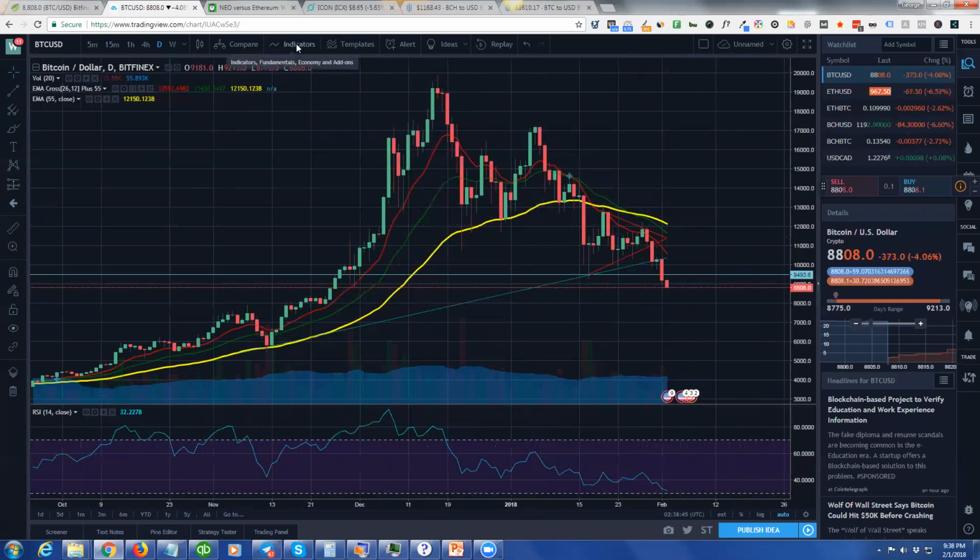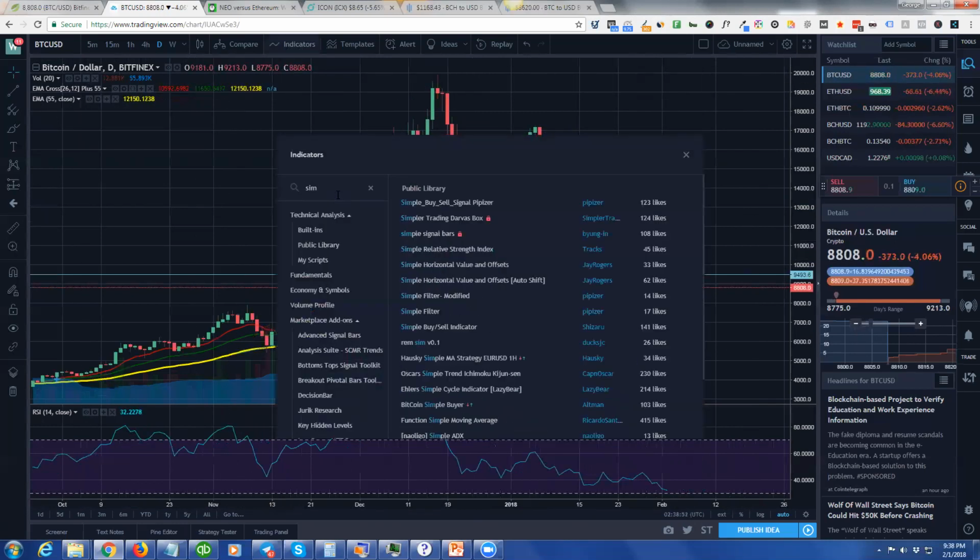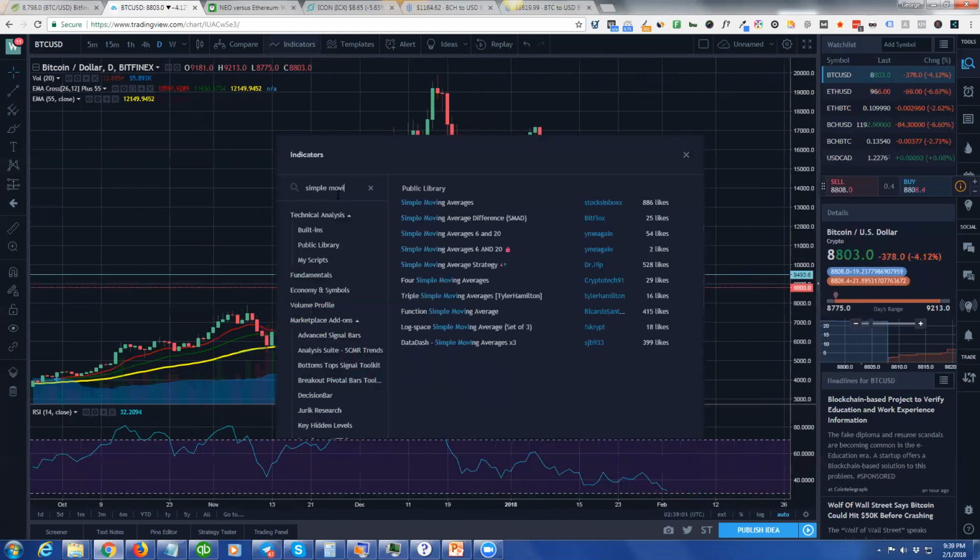So I'm using an EMA 55. If I add in a simple moving average, let me see if I can find it on here. Yeah, simple moving average.